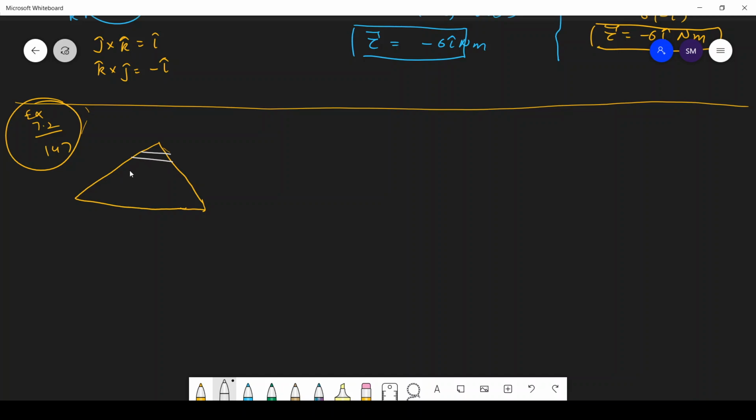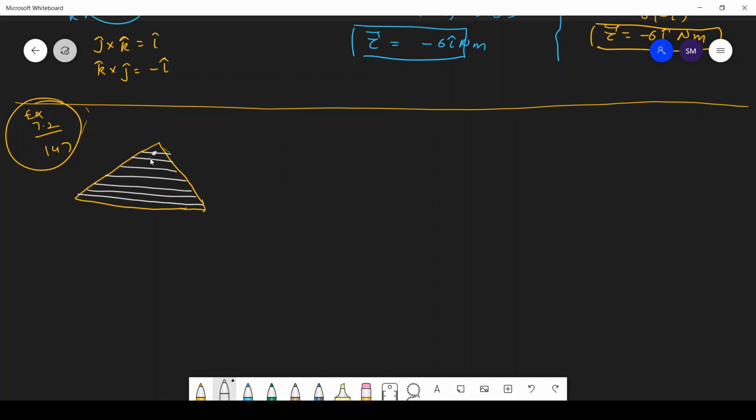So students, divide this lamina into very thin strips, as thin as possible, just like a rod. We did it in the case of a rod. What is the center of mass of this rod? L by 2, the middle of the rod.